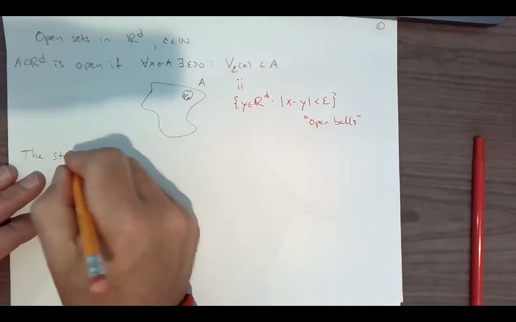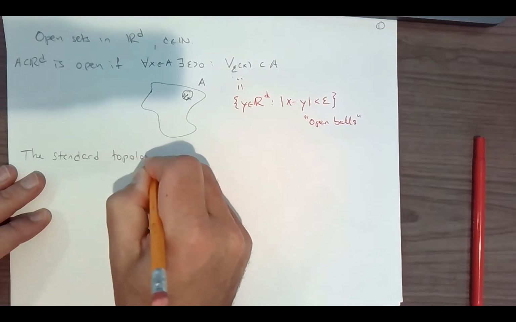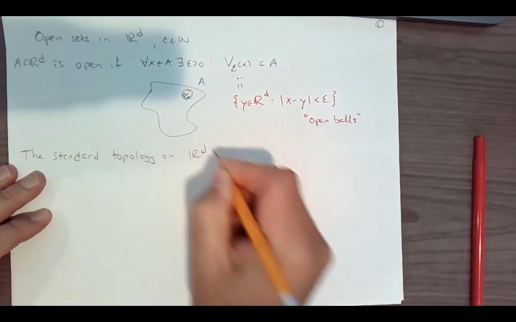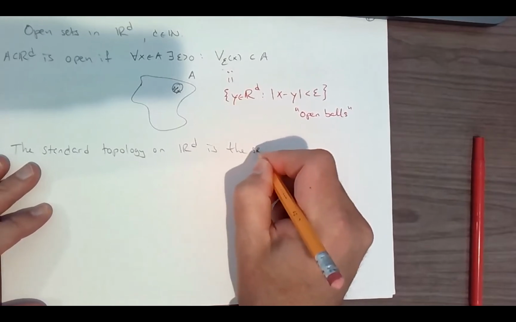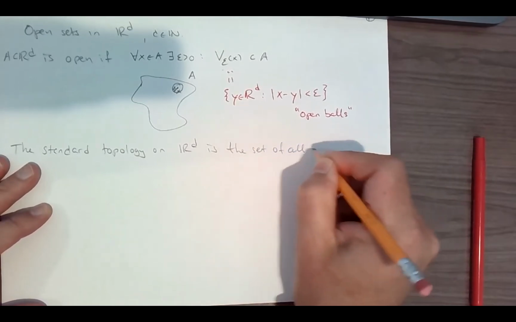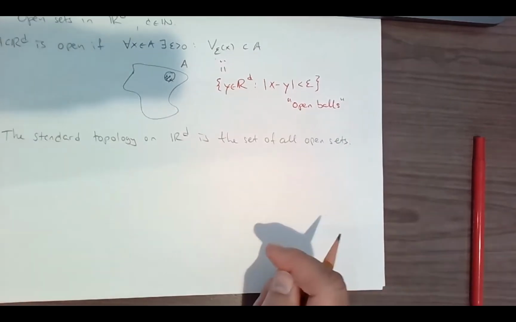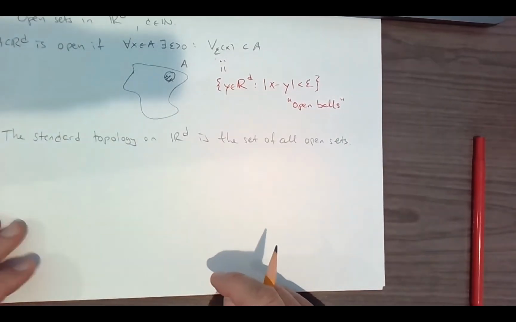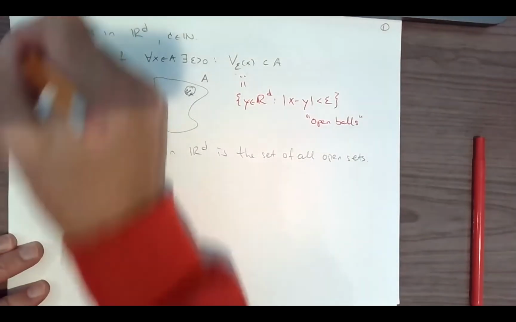So the standard topology on R^d is the set of all open sets. So that's what an open set is.